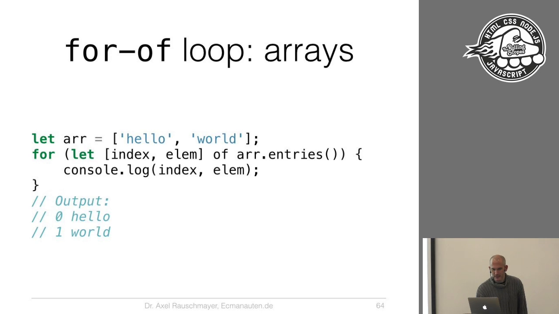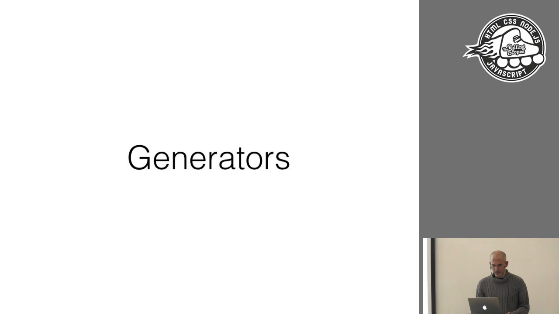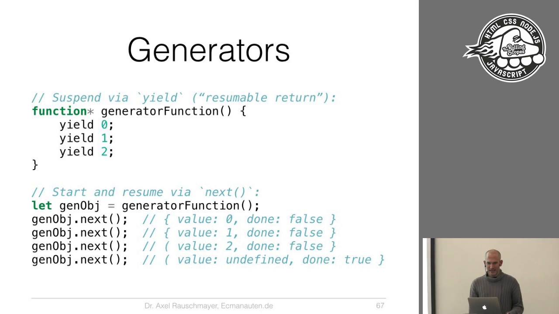The second array is 1, world. Via destructuring, you can directly access the elements of each of the arrays that entries returns. So now you can very nicely iterate over arrays. And it works for sets as well. If you have created a set, you can iterate over that as well, as we've already seen. Generators.